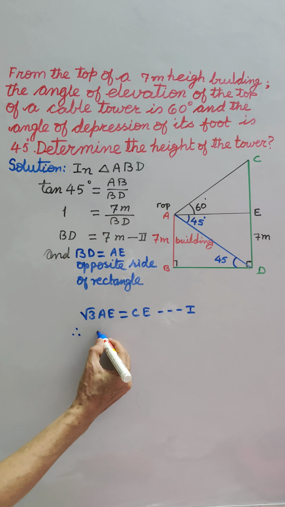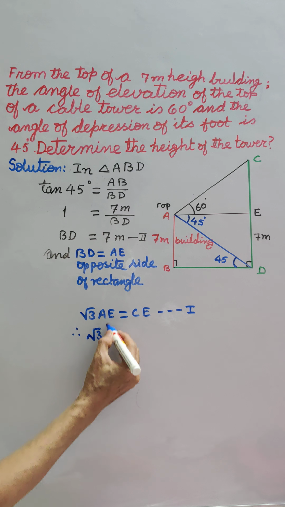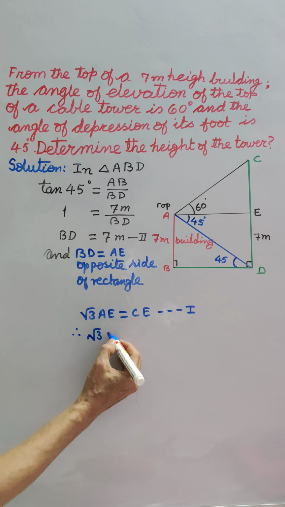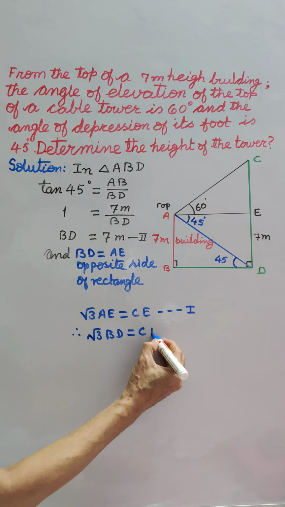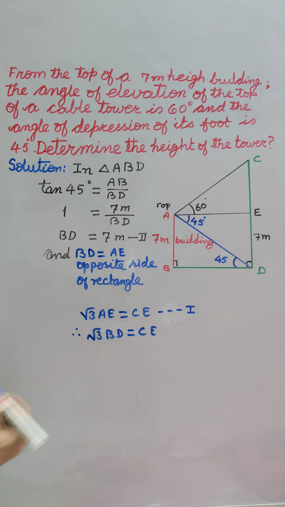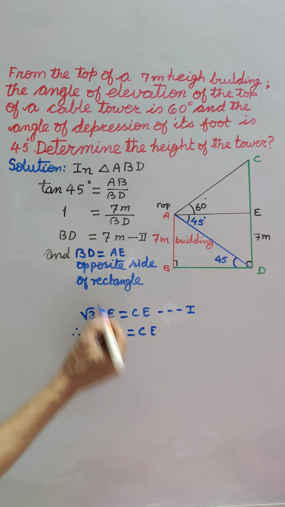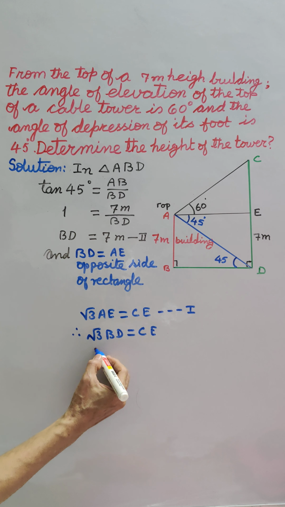Therefore CE is equal to root 3 into BD, instead of AE we are writing BD. Now we substitute the value of BD, which is 7 meters.